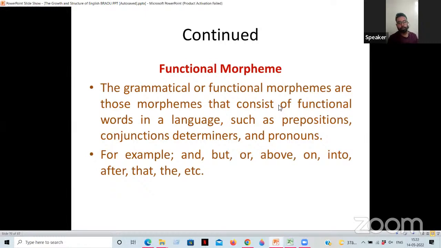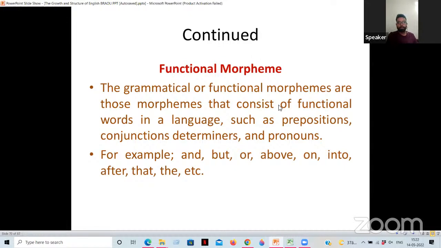There are 8 parts of speech, out of which some of them are functional and some of them are root or lexical. Now the lexical words are always dependent on the functional words while making a sentence. You cannot make a sentence without the use of the functional words.